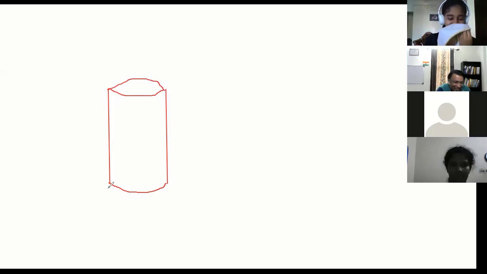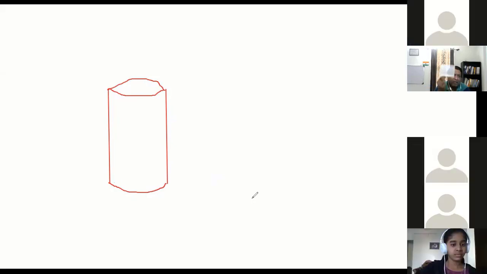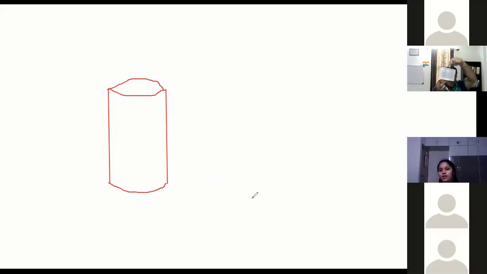So, guys, as everybody knows, a cylinder is a curved figure, right? Let me take one cylinder from this box. It's a hollow cylinder. Now, the important thing is, what is the center of the cylinder? This is the center of the circle.